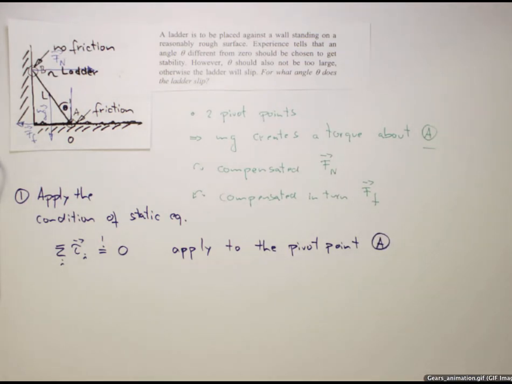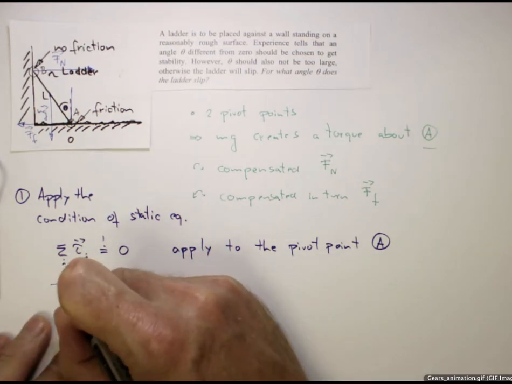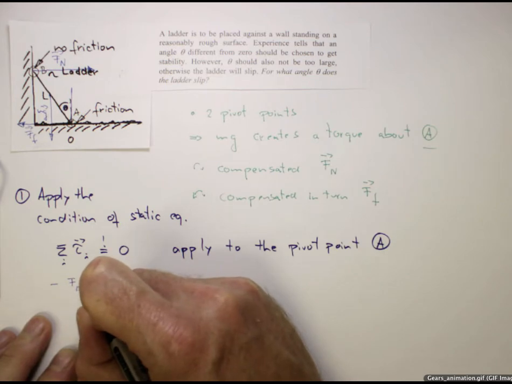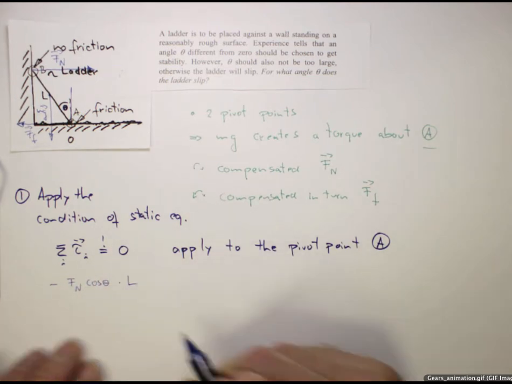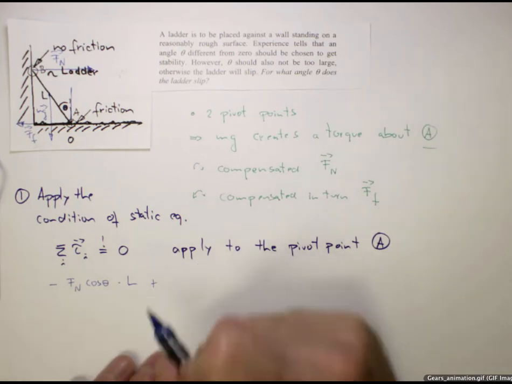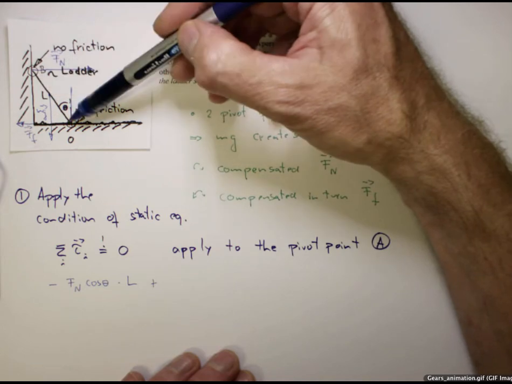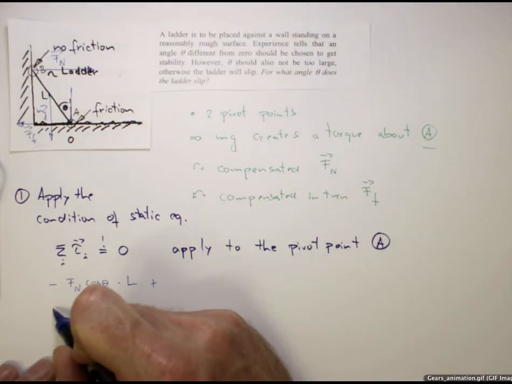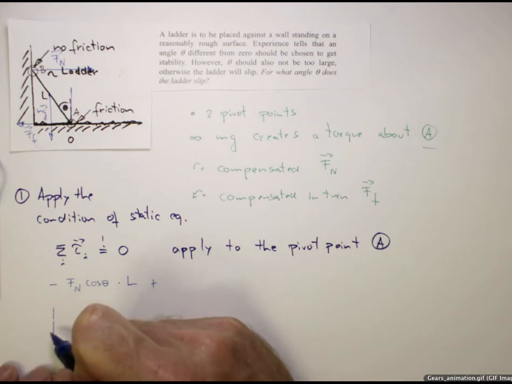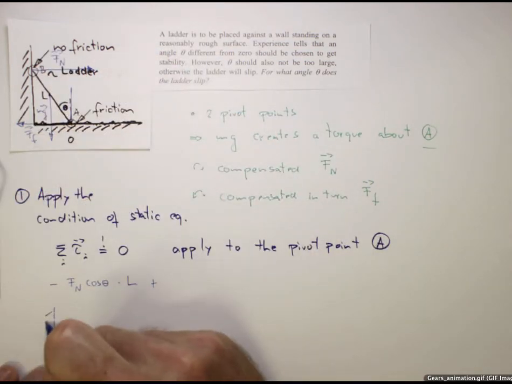Then we have the following equation. We first write minus Fn times cosine theta times L. That is the torque that is due to the normal force about this pivot point, but we need a component of this. Yeah, we need a component that is perpendicular to the ladder. Let me sketch this situation.